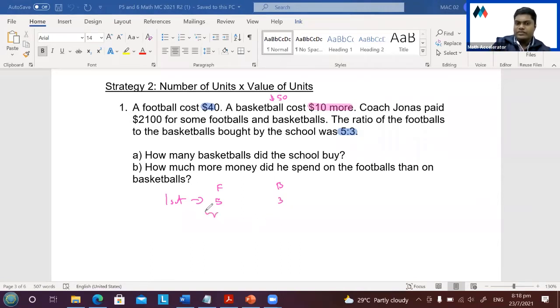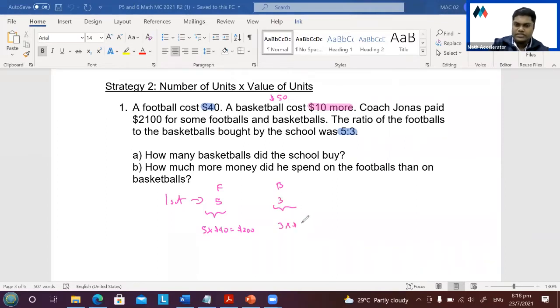So value, right? Each football costs $40, which means 5 of this will cost 5 times 40. That will give me $200. Okay, so same goes for here. 3 basketballs is the minimum, right? And each is $50.